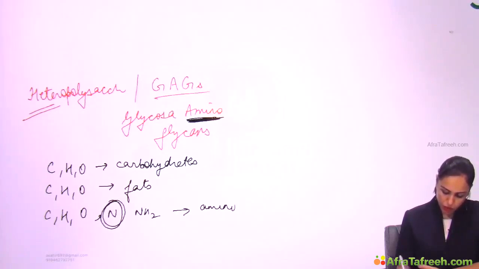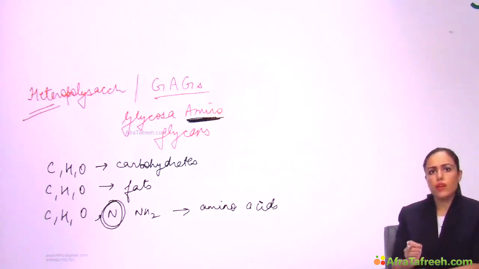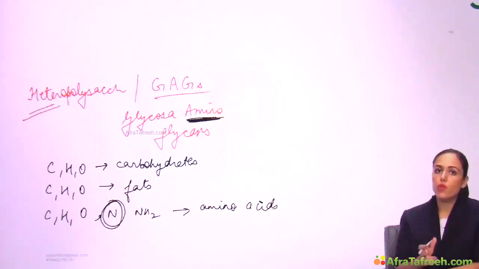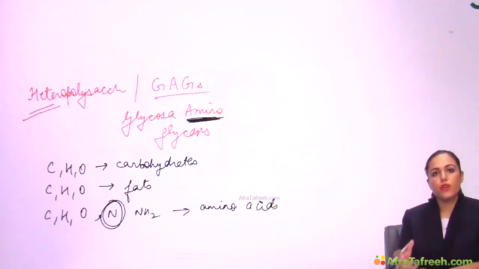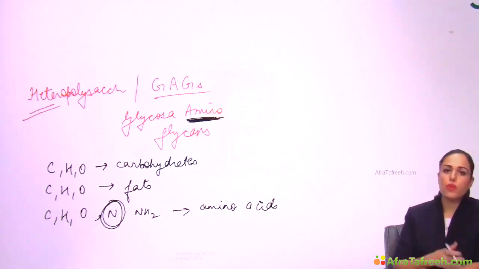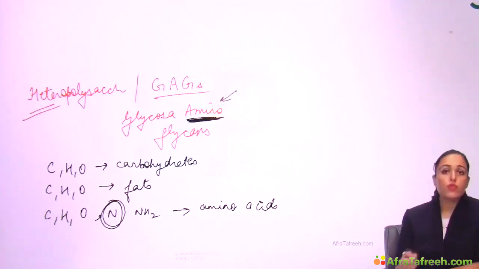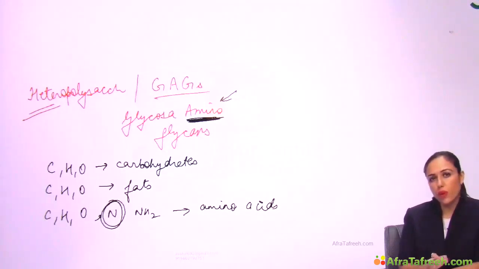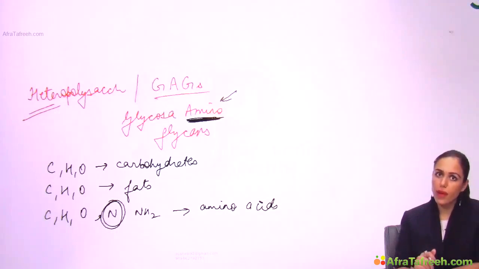So the amino group is a specialty of amino acids, and the carbohydrates' specialty is OH. We did polyhydroxy. So OH is the specialty of carbohydrates, and amino is the specialty of amino acids. Now, can you see this GAGs has an amino group? So this is a very special carbohydrate which has an amino group. Otherwise, carbohydrates don't have an amino group.